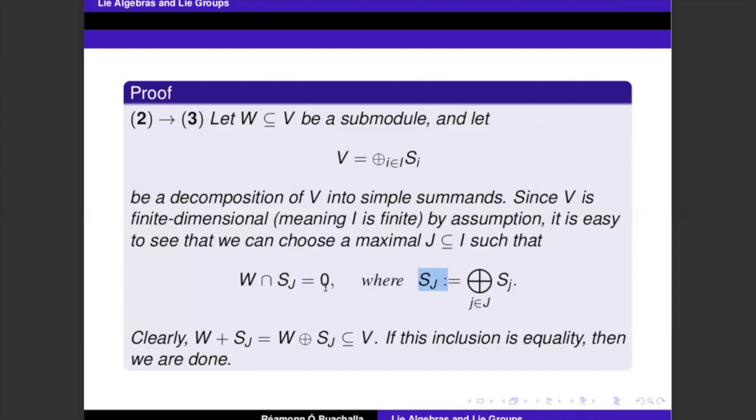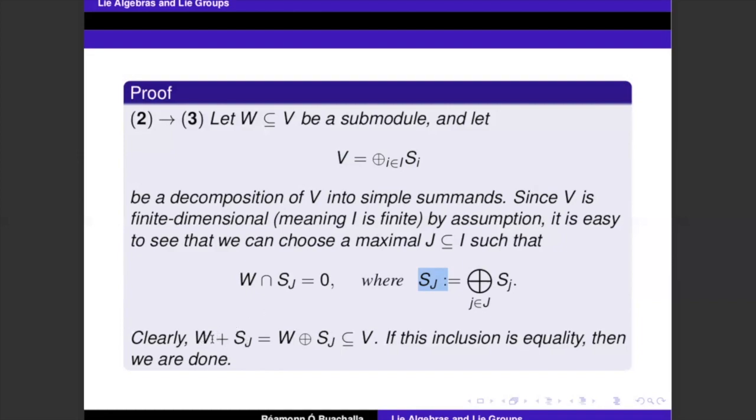If it's not trivial, which is to say S_1 is contained in W, then you throw it away. And then just continue like this, and you can produce a subset J of I which is maximal. If that's not clear, ask me and I can write it a little more clearly. But if you think about it, I think you should be able to see that this is definitely justified.